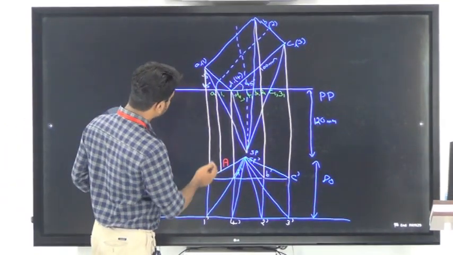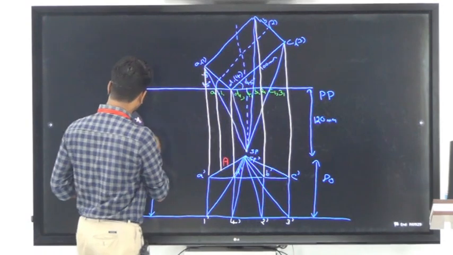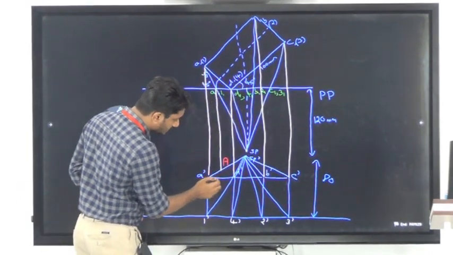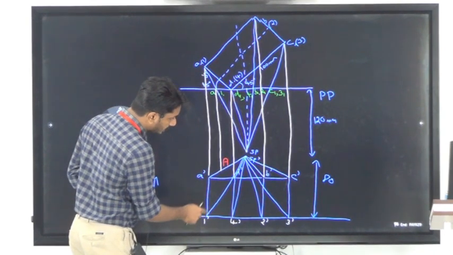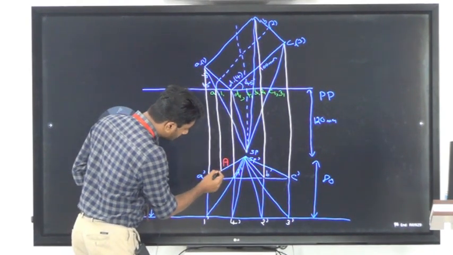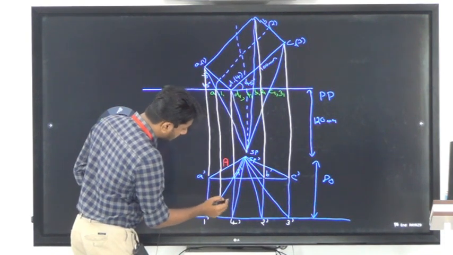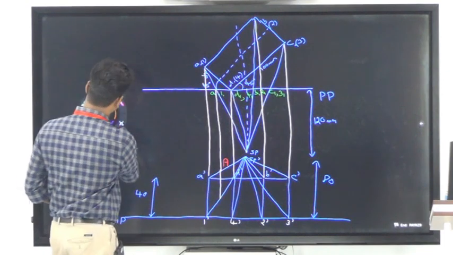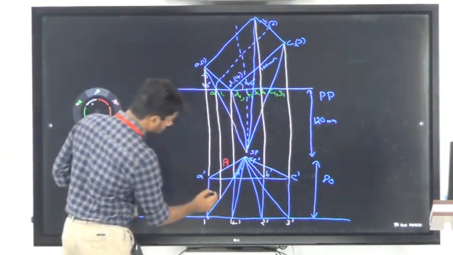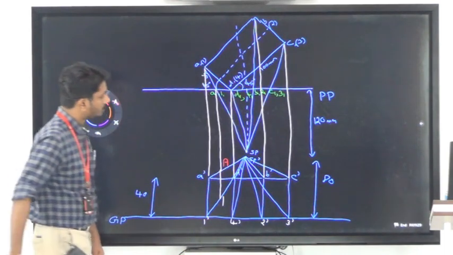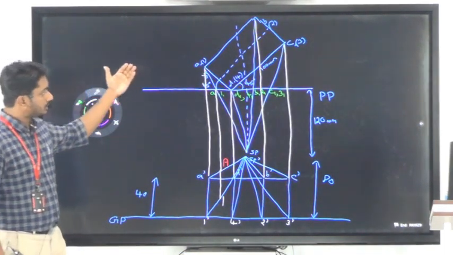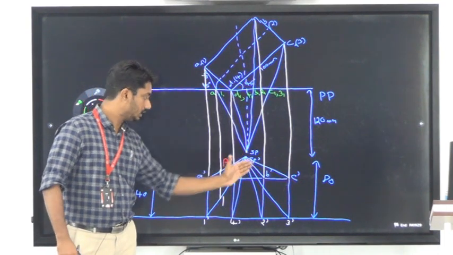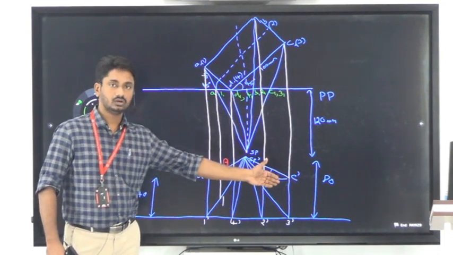Similarly, here I am drawing a perpendicular from the point 1, 1. It meets the line joining 1 dash and SP dash at the point capital 1. Similarly, you have to find all other points like B, C, D, 2, 3 and 4.